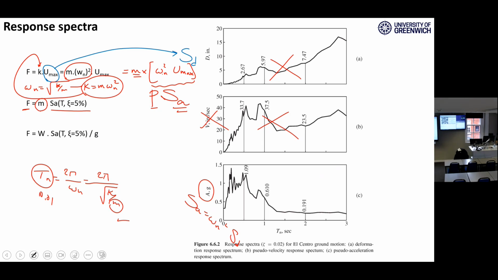Just find the k. I kept the mass as a constant, exactly the mass of that bridge. I played with Tn with different values. For this sheet, 0.01, and I just calculated K. Okay? Vice versa, it means that for that pair of K and M, you will come up with Tn equal to 0.01 second. Right?